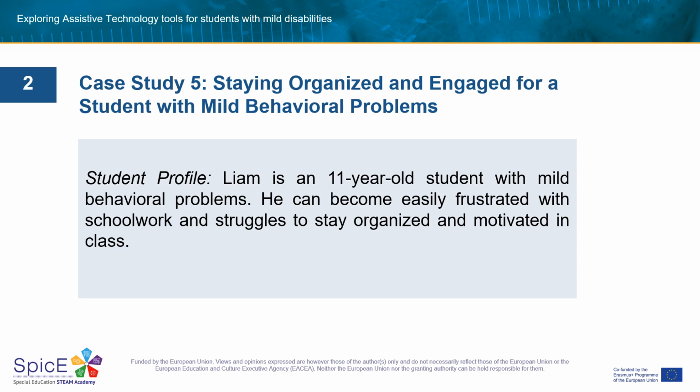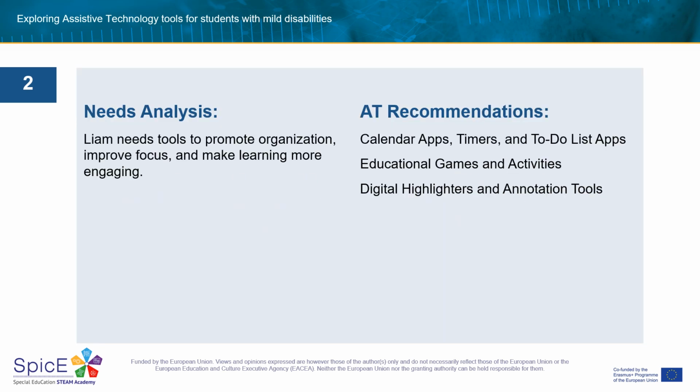Student profile. Liam is an 11-year-old student with mild behavioral problems. He can become easily frustrated with schoolwork and struggles to stay organized and motivated in class. Needs analysis. Liam needs tools to promote organization, improve focus, and make learning more engaging.